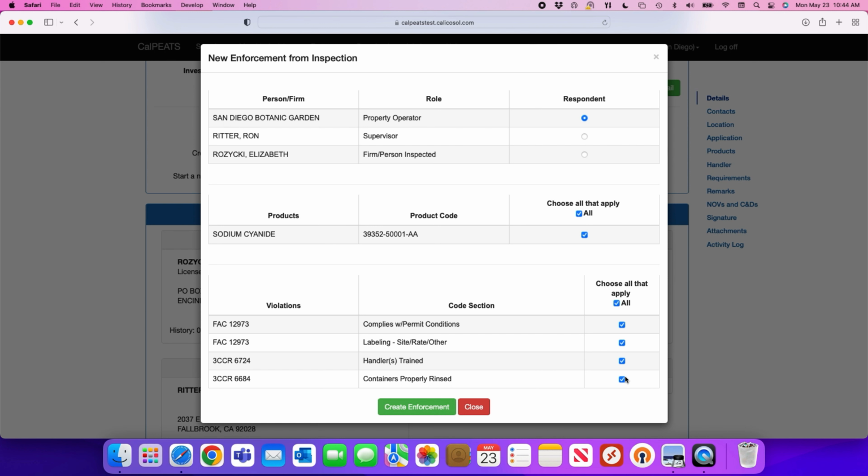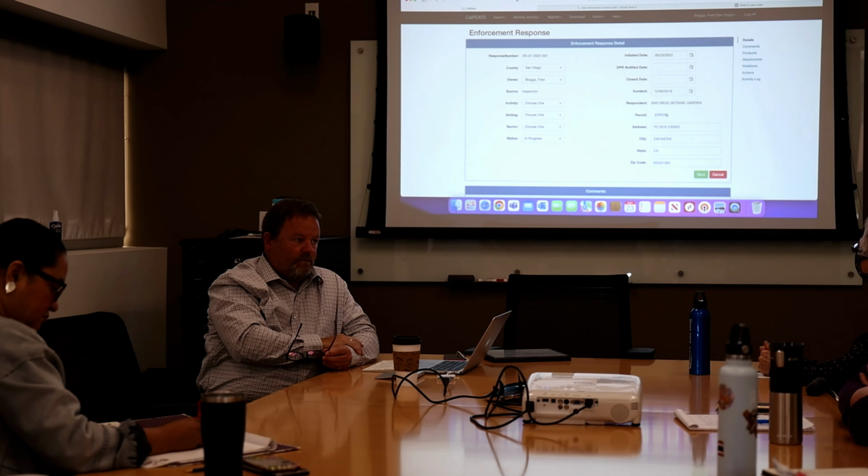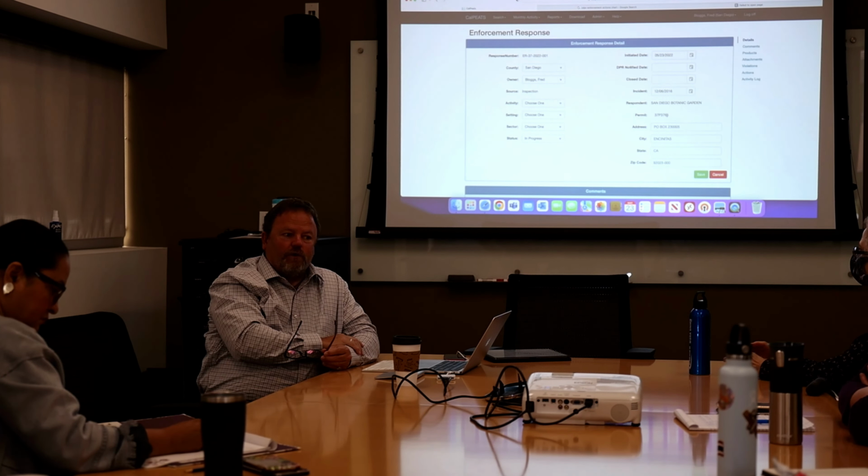But if you are enforcing on someone that has a permit or has a license, make sure that this is correct, right? So a lot of growers also have a private applicator card. Some growers have QALs and do contract sprays for other growers in their area. If you're enforcing against their QAL, make sure it's the QAL that you've picked as the respondent.